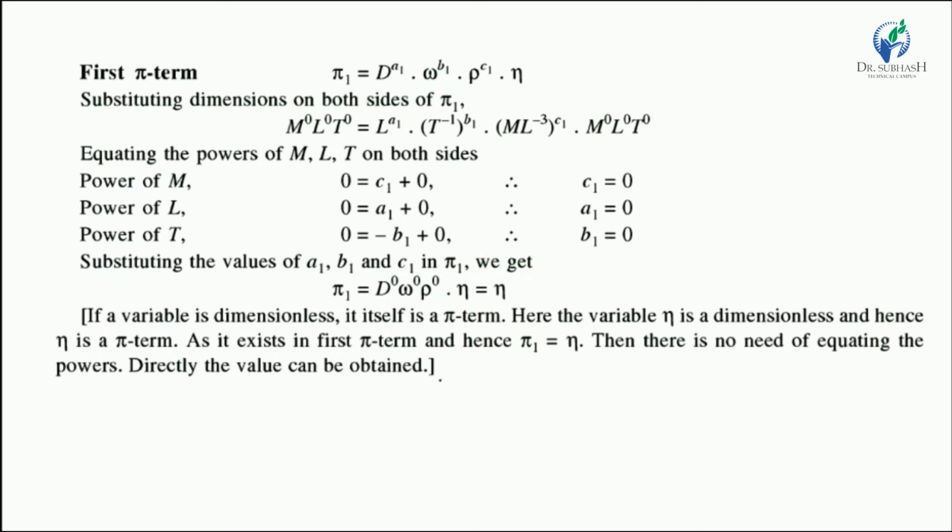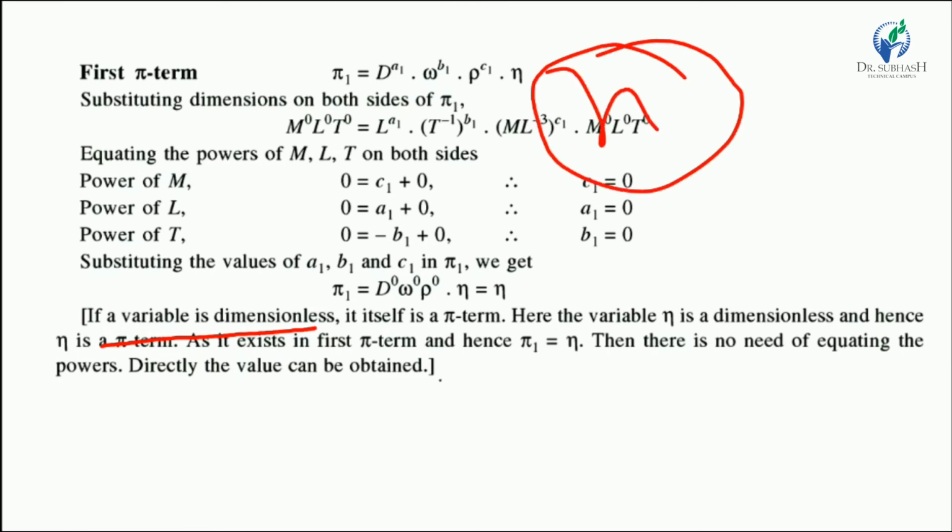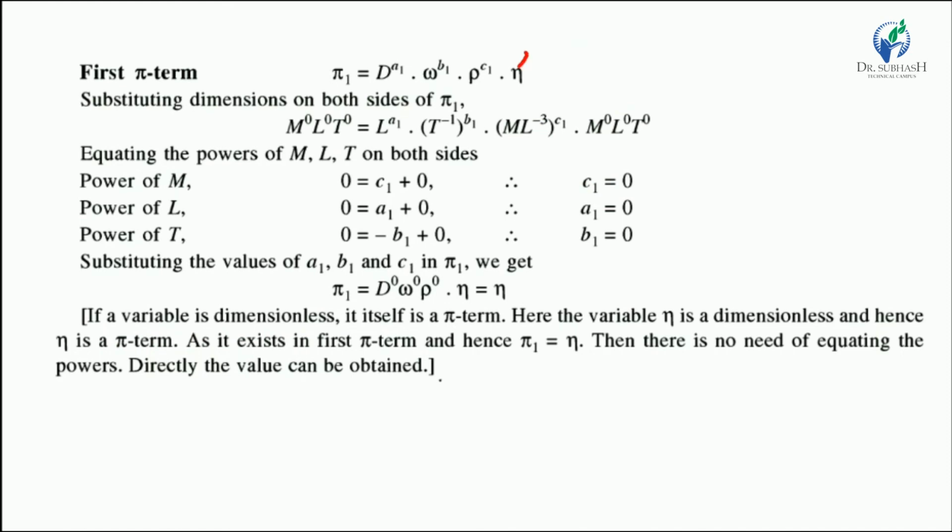So note that if the non-repeating variable is dimensionless, as efficiency is a dimensionless term, then we do not need to solve or find the value of the arbitrary powers. If the variable is dimensionless, it itself is a pi term. Here the variable efficiency is dimensionless, and hence efficiency is a pi term as it exists in the first pi term, and hence pi1 is equal to efficiency.